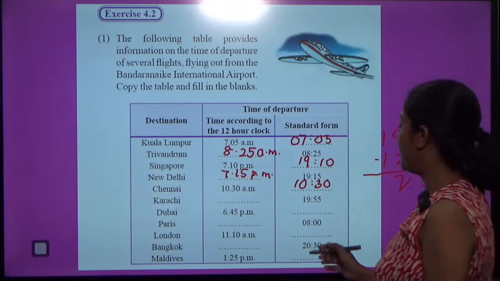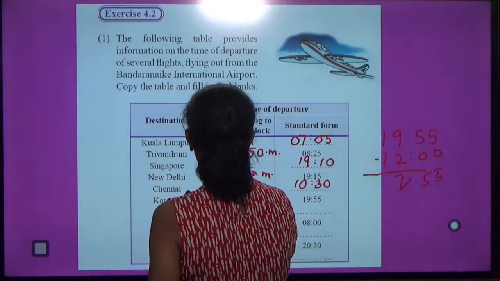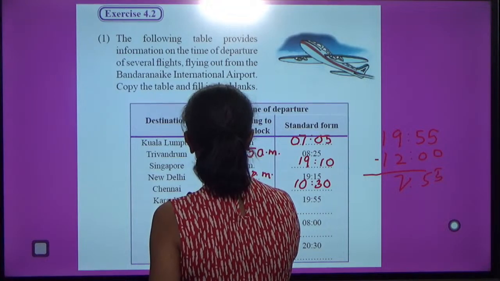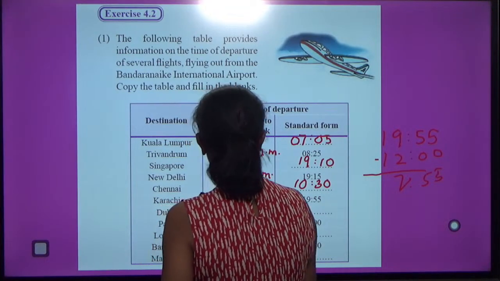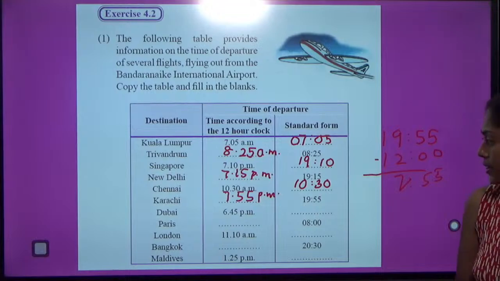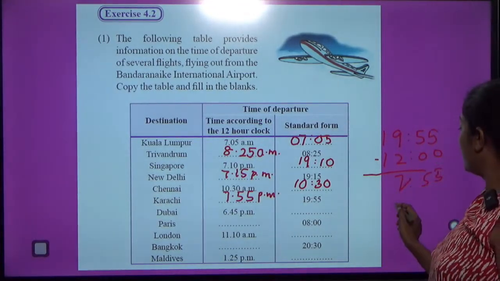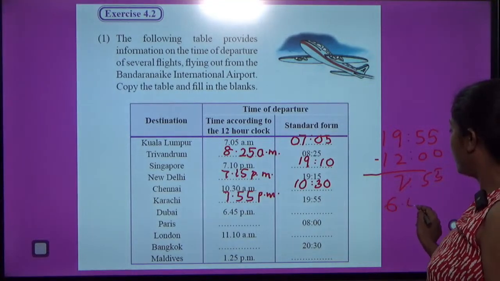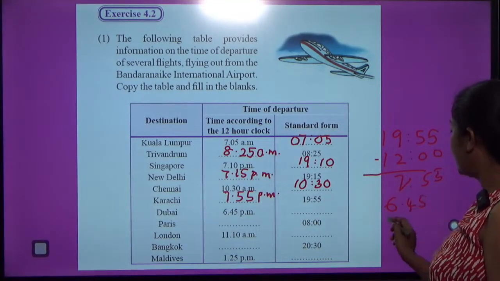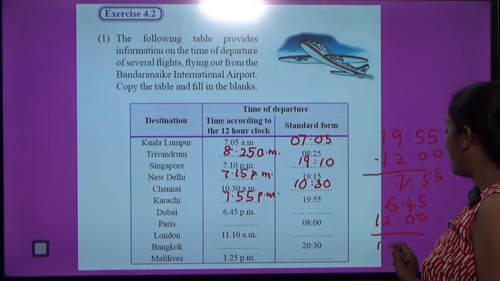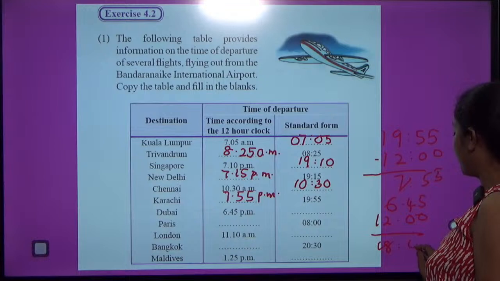Answer is 7:55 PM. Then 6:45 PM. How you can write? You have to add 12 for that, because that is PM time. Then answer is 18:45.